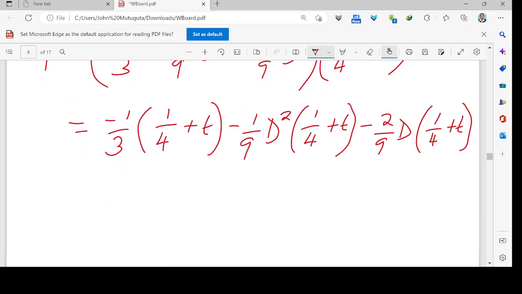So the first quantity here becomes minus 1 over 12. When we open the brackets, minus 1 over 3t.